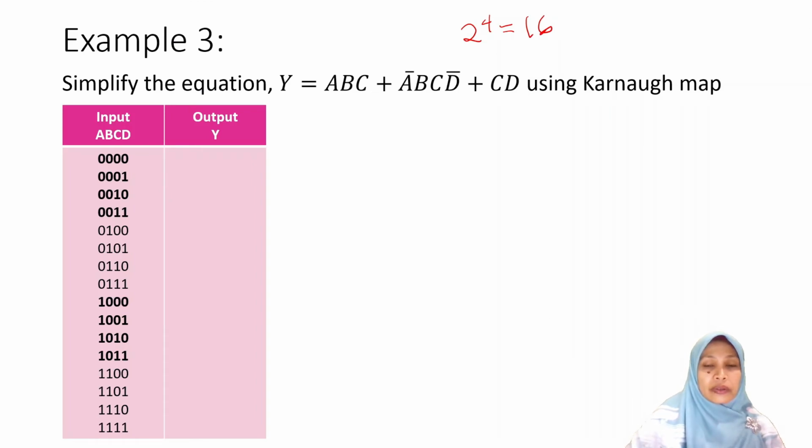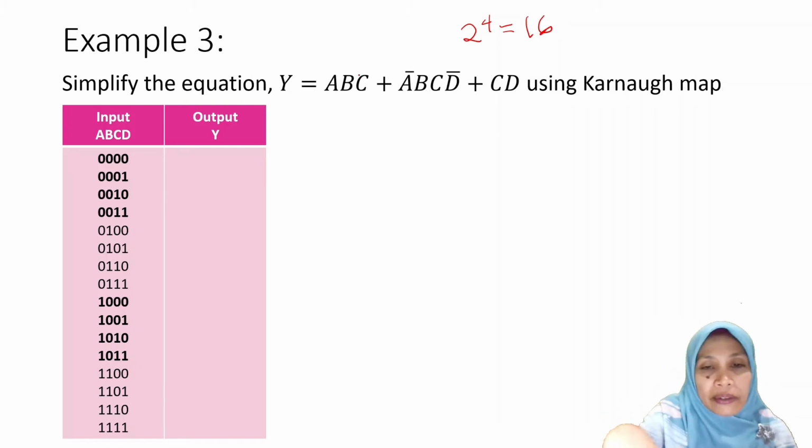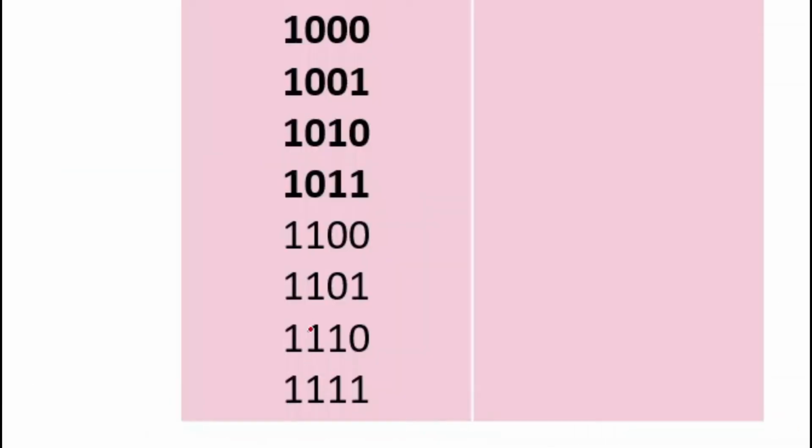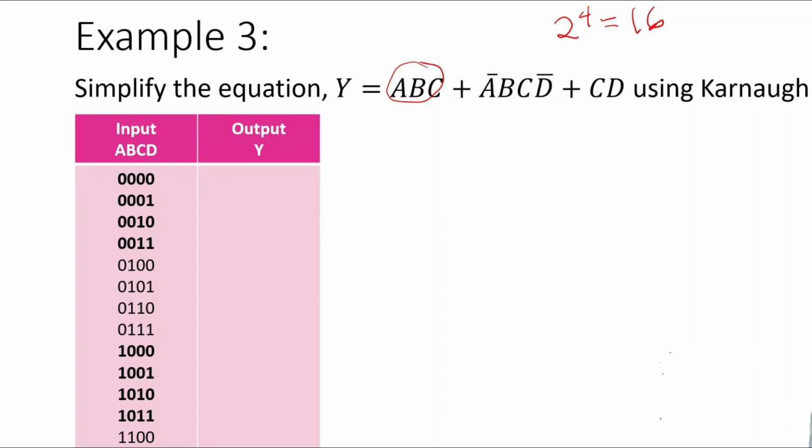Okay, so referring to the equation, look at the first term, ABC. So find the ABC in the truth table and then mark the output equal to 1. The ABC in the table is here, and also this one. It doesn't matter what is the value of D, just ignore the D. Alright, so you mark the output equal to 1.